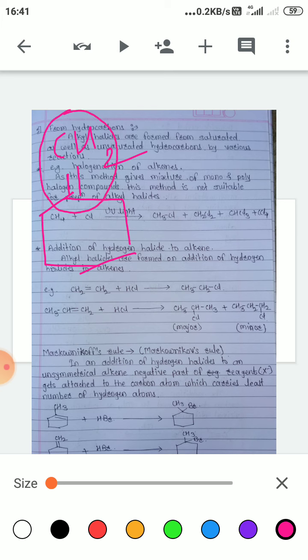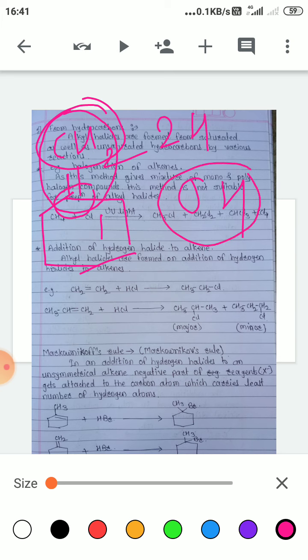Now again, if we number this carbon atom as 1, this first carbon atom contains 0 hydrogen atoms, while this carbon atom contains 2 hydrogen atoms. This is less than this one, and therefore the bromine atom gets attached to carbon number 1.